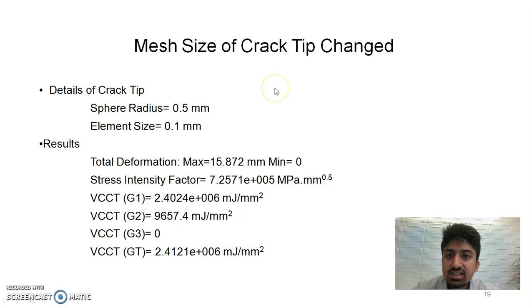So when I changed the mesh size of the crack tip, there are some changes that I could see. I set the sphere radius to 0.5 millimeters and the element size to 0.1 millimeter. I saw that the deformation decreases.